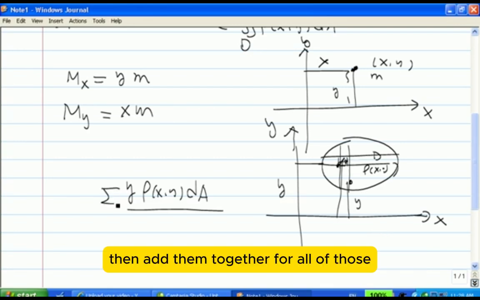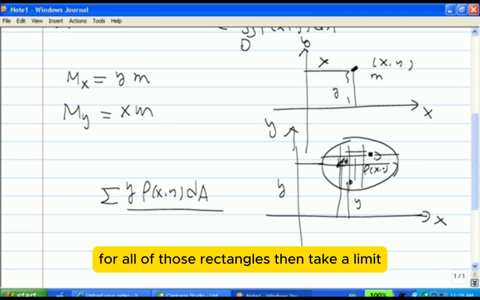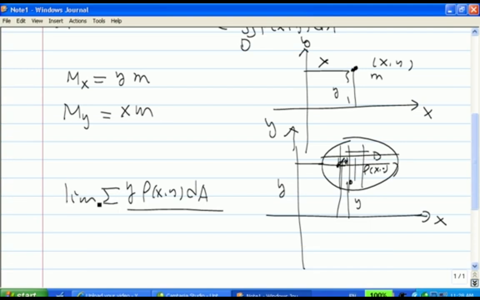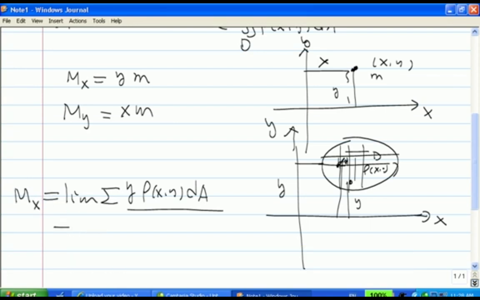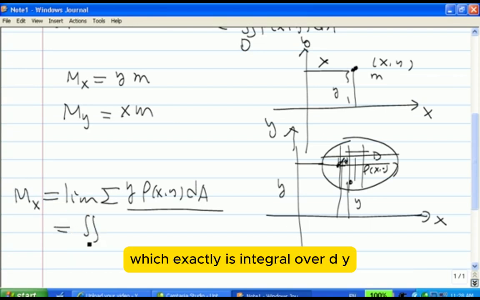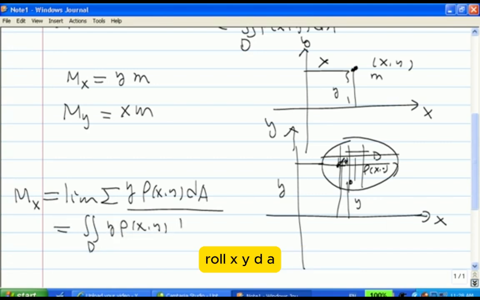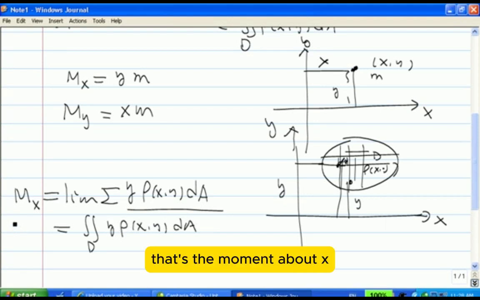Then add them together for all of those rectangles, then take a limit. This gives you the moment about the x-axis, which is exactly the double integral over D of y rho(x,y) dA. That's the moment about the x-axis for this whole plate.